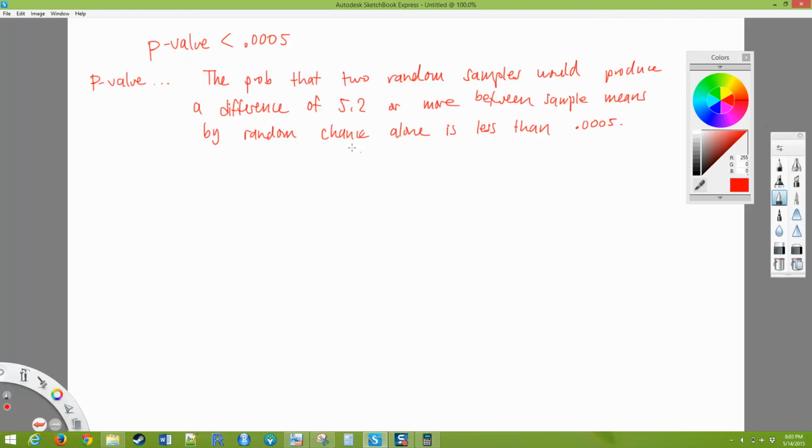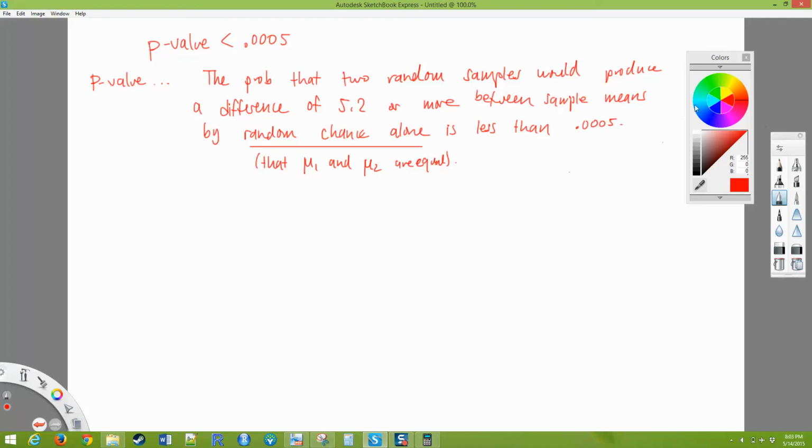Okay. Is that legible? And random chance alone means that mu1 and mu2 are equal.